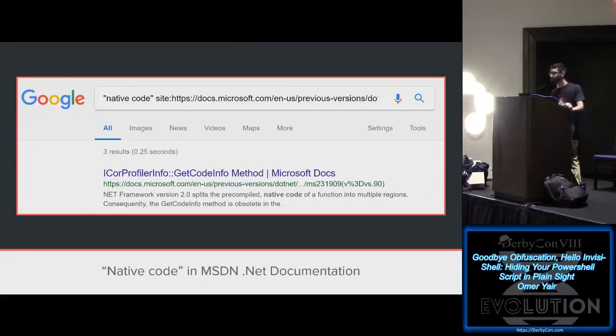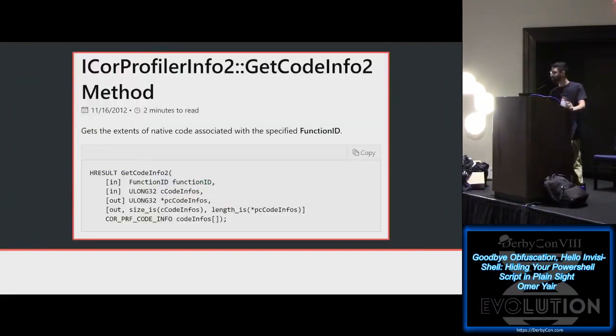And lo and behold, the first answer it gives me is GetCodeInfo, and that sounds interesting. So I looked into it, and GetCodeInfo is a part of the CLR profiler. I'll explain a little bit what it is later, and it gives you the assembly code address of those functions, and it doesn't matter if those functions were pre-JITted or JITted, or just-in-time compiled. So that's a powerful thing that we can use.